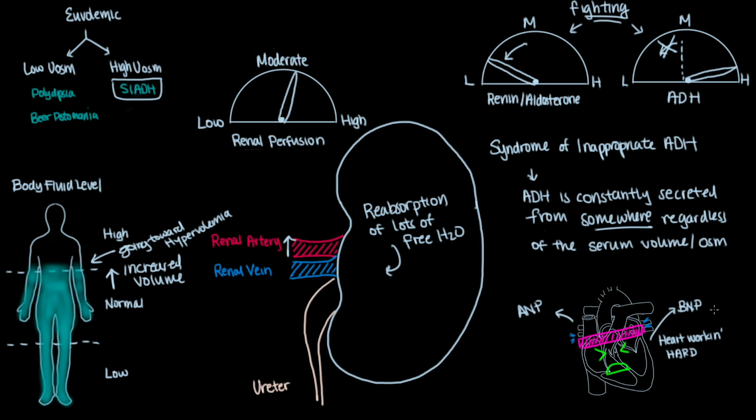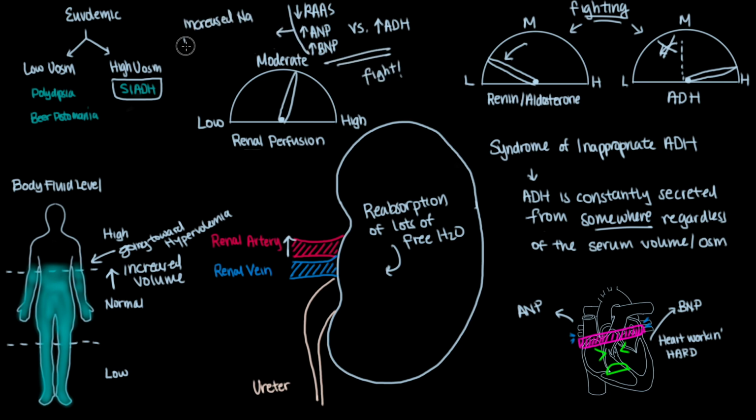So, before we swell up to be able to clinically tell that we're hypervolemic on clinical exam, RAS, ANP, and BNP fight against ADH to keep the volume to a euvolemic or slightly hypervolemic state. All the while, the serum sodium goes down because the increase in natriuretic peptides and decrease in RAS are encouraging sodium loss, and ADH is reabsorbing water.